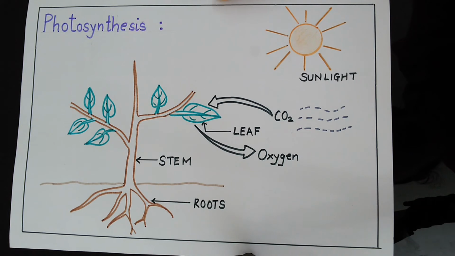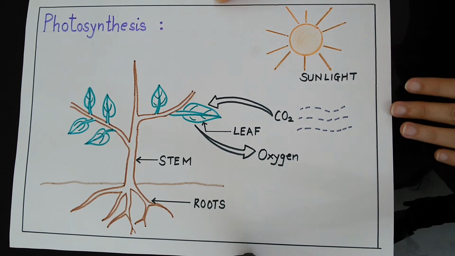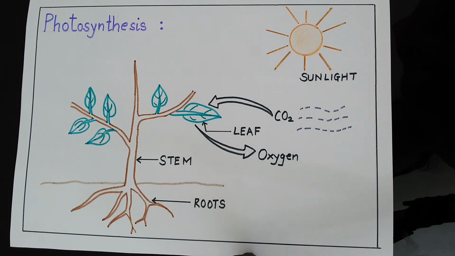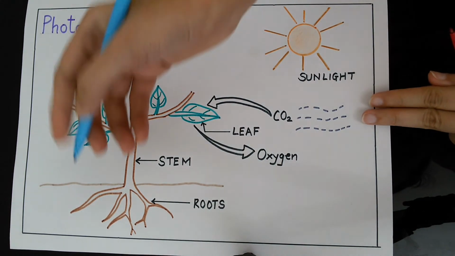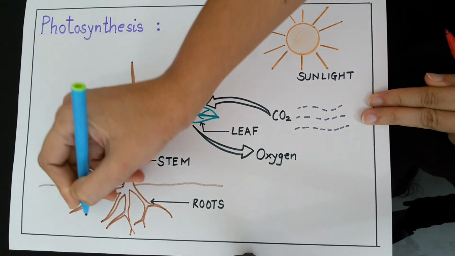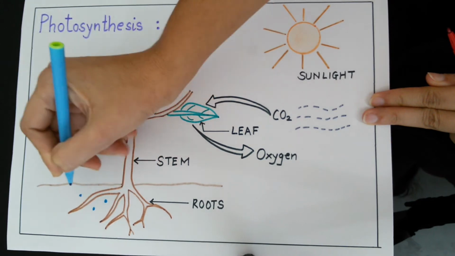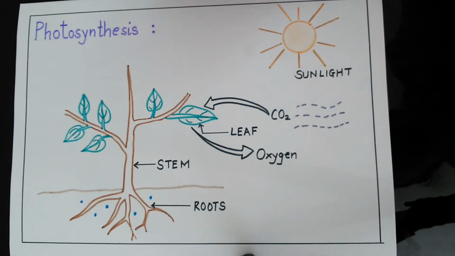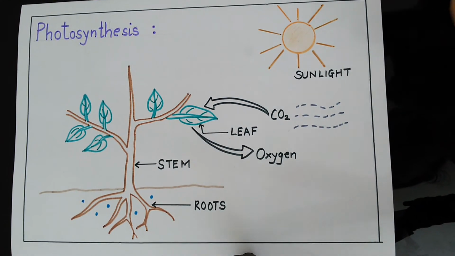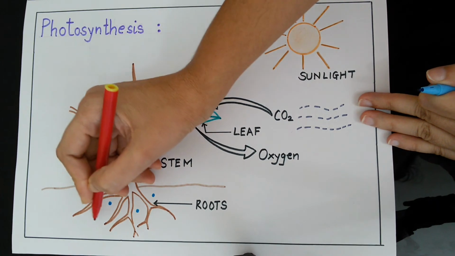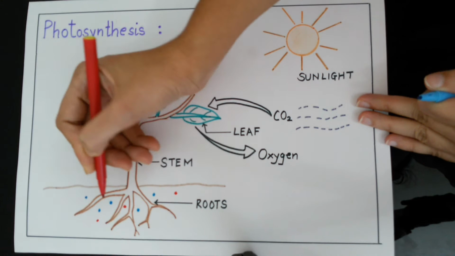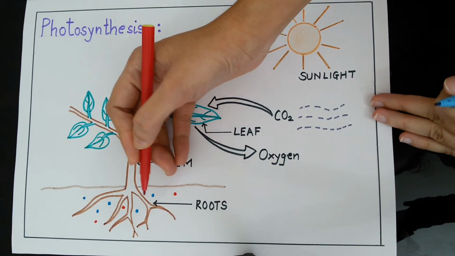Since we have acquired basic knowledge, now we will learn photosynthesis in detail. We know that water and nutrients are present in the soil. I will denote water in blue color, and nutrients in red color. Nutrients like minerals are present in the soil.